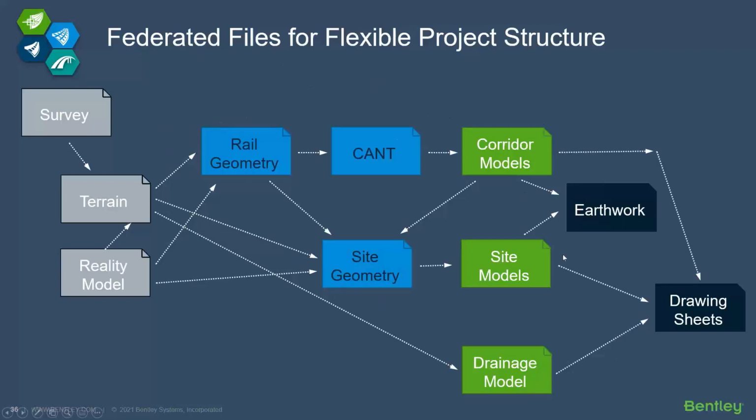The boxes that you see actually represent different files or models, and you don't put them in a single file only. So the best practice that we tell our users is, do not put all your civil data in one file.